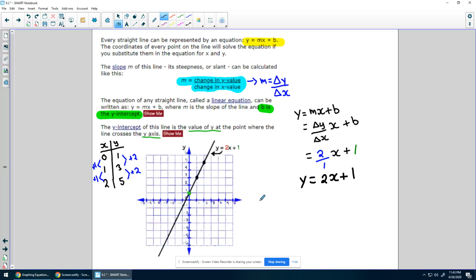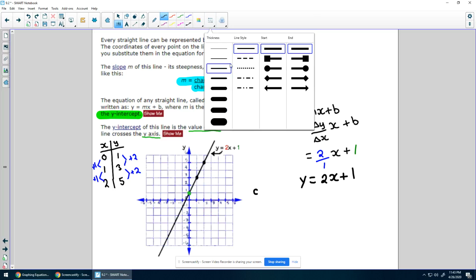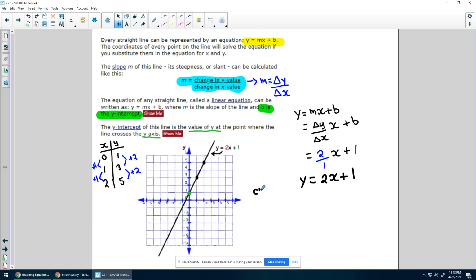So I'm going to show that substitution here, and I'm going to just do a check. Check. So y equals 2x plus 1. This is the equation that we found.